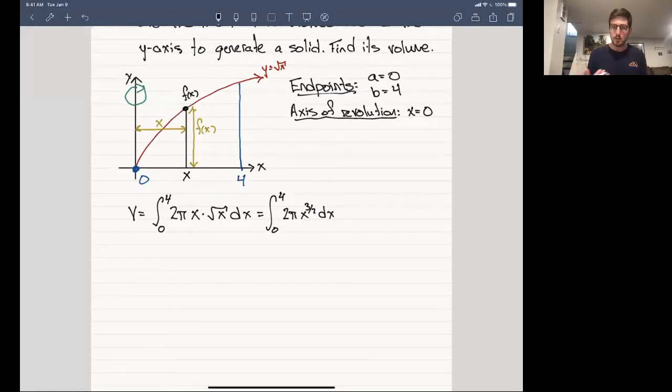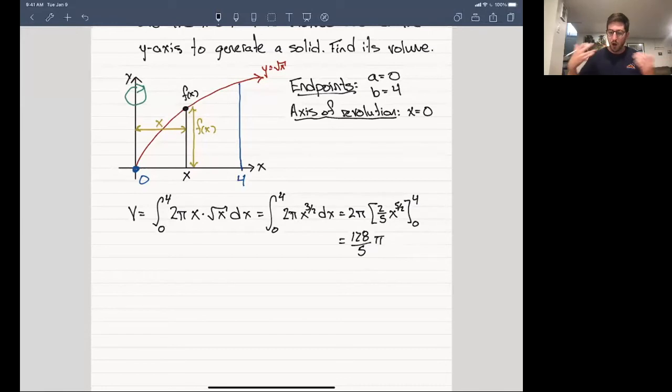I don't want to call it easy because there's still a little work to do, but I get a nice 2 over 5 here, x to the 5 over 2, and this runs from 0 to 4. Now, plug that into your calculator, 128 over 5 pi.